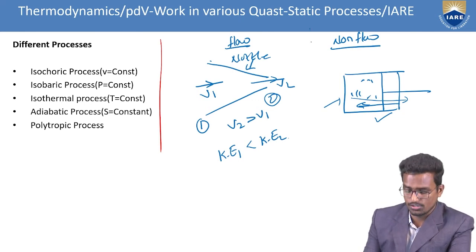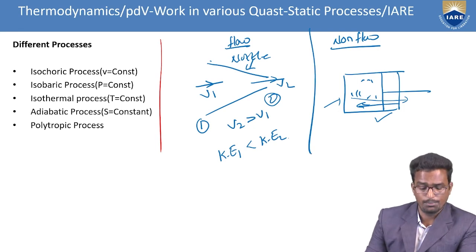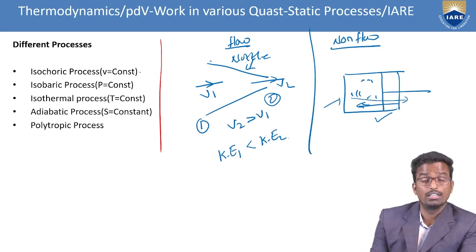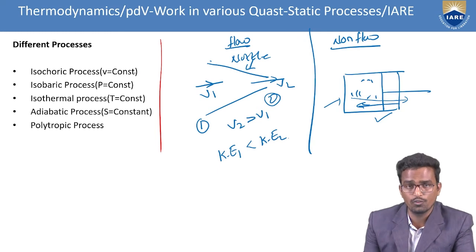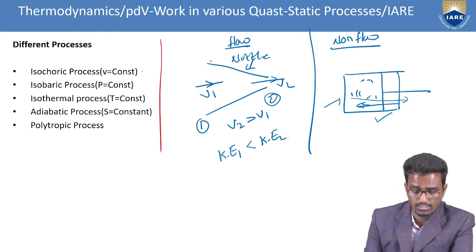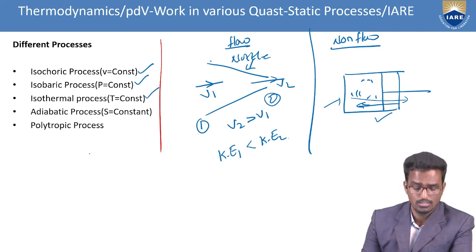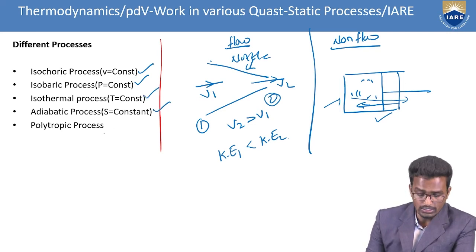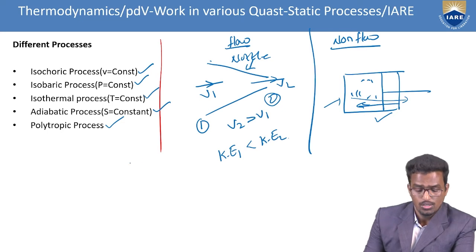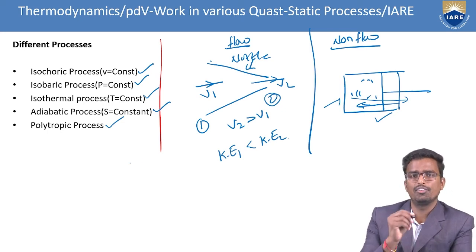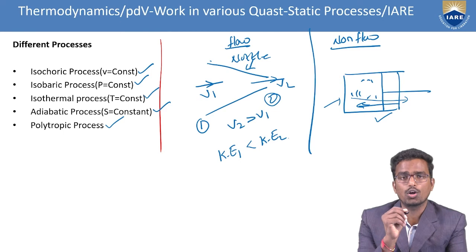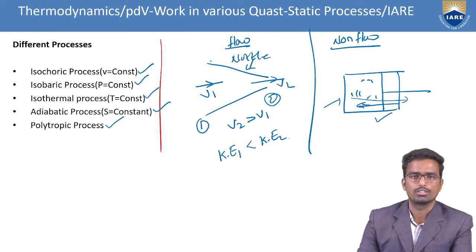In both conditions, we again classify the processes depending on the working conditions: the isochoric process, isobaric process, isothermal process, adiabatic process, and polytropic process. What is an isobaric process? If a system is working at constant pressure, we call it an isobaric process.